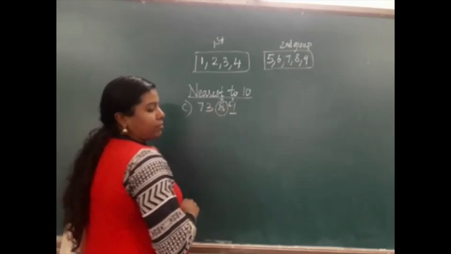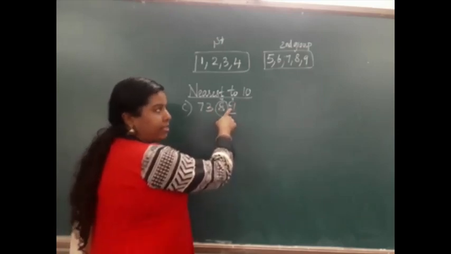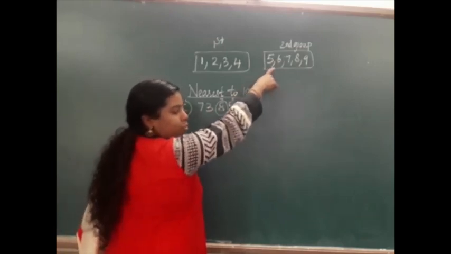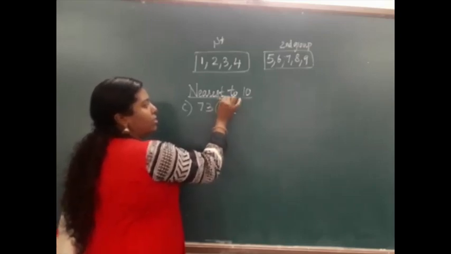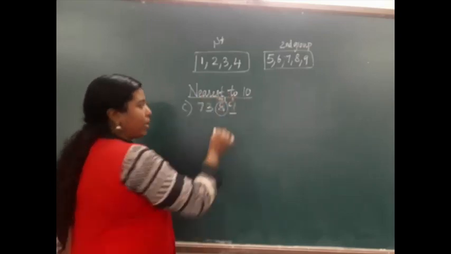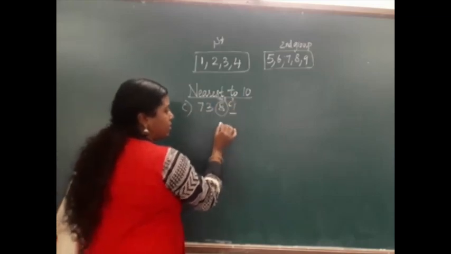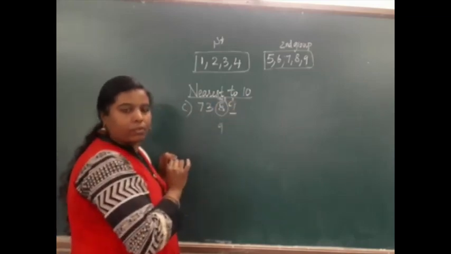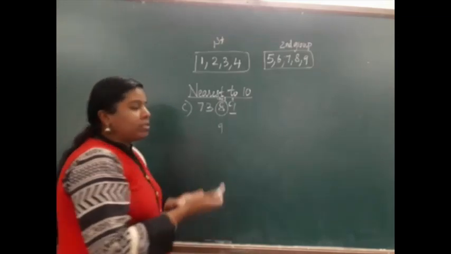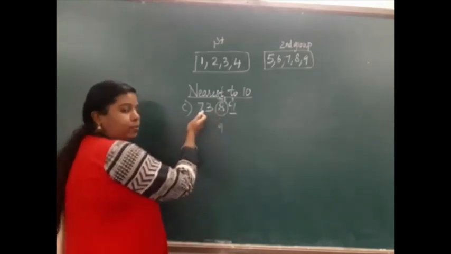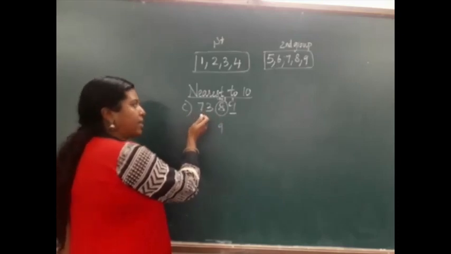So what is the digit here? 9. It belongs to the second group. So what should we do? We should add 1 to the circled digit. So 8 becomes 8 plus 1, 9. Okay. Now the next step is write all the digits to the left side of the circled digit as they are.